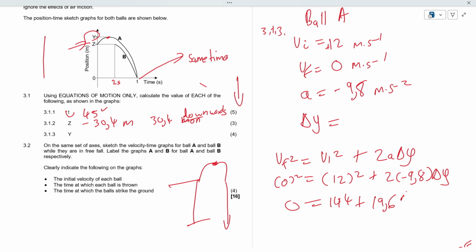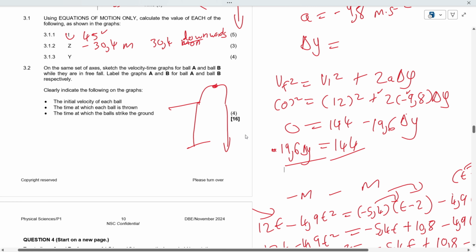Minus 19.6 change in y, and then we just bring that to this side. It's going to be 19.6 change in y equals 144, and then we divide both sides by 19.6, and we get our answer.